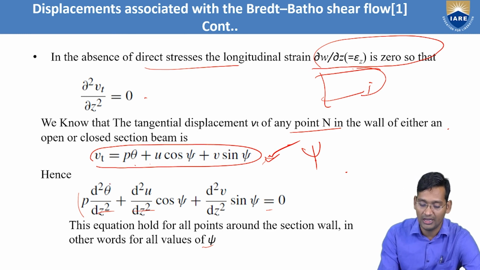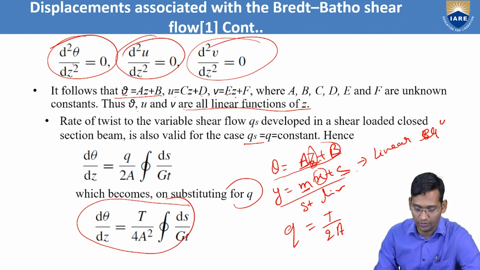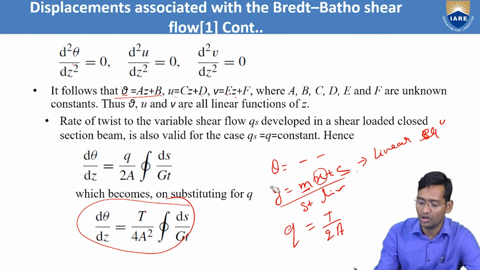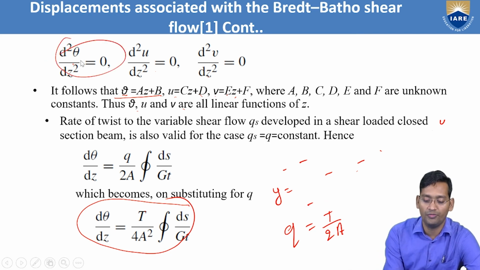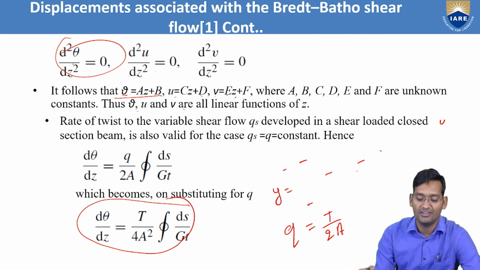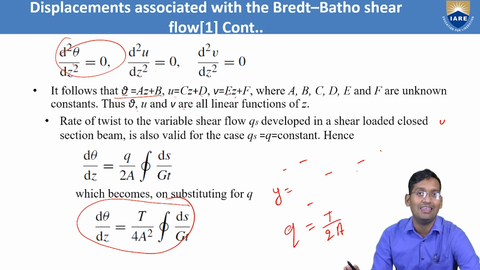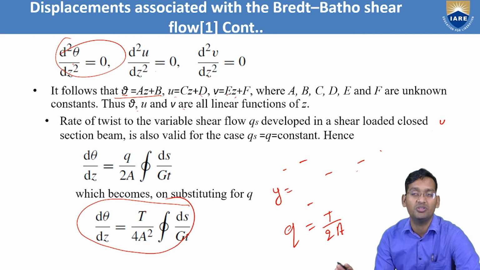From here we can conclude that del 2 theta by del Z square can be 0, del 2 U by del Z square can be 0, or del 2 V by del Z square will be 0. So now we have 3 differential equations. The solution of these differential equations is theta equals Az plus B, U equals Cz plus D, and V equals Ez plus F, where A, B, C, D, E, F are constants obtained after integration, and they are unknown, which you have to find.